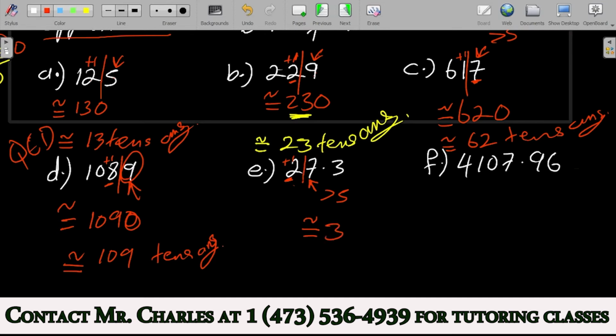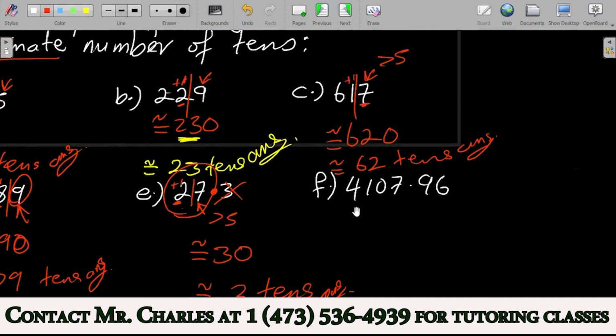The 7 is part of the whole number part of 27.3, so we have to convert it to a 0. And then since the 3 comes after, or to the right of, the decimal point, we have to drop it. So the answer would be approximately 30, which means that the approximate number of tens would be 3, so approximately 3 tens in 27.3. That's our answer there. Good.